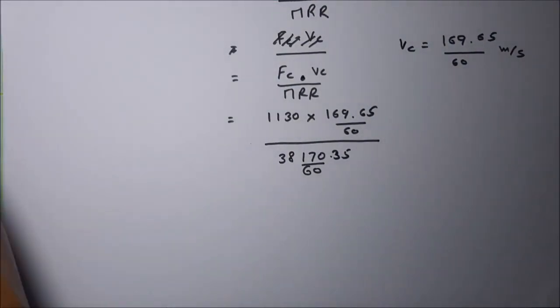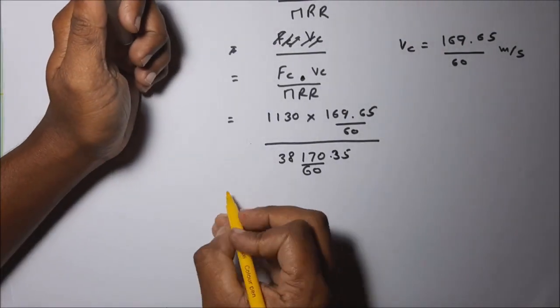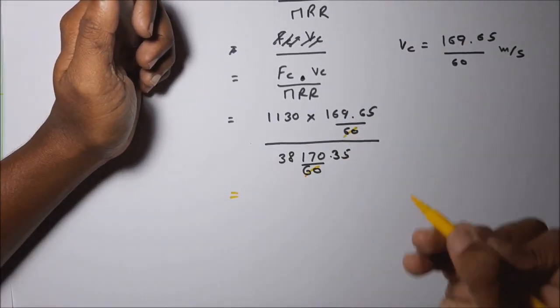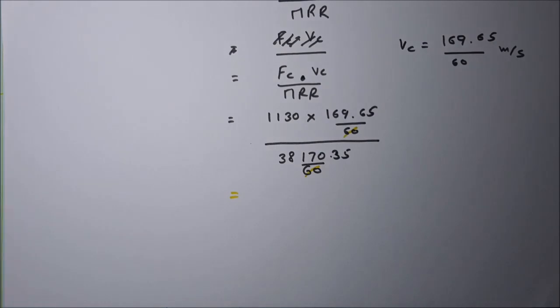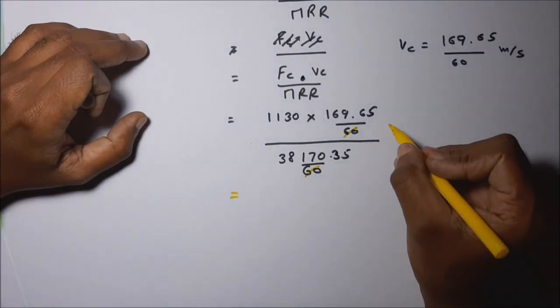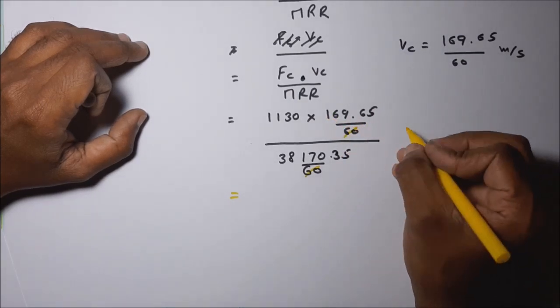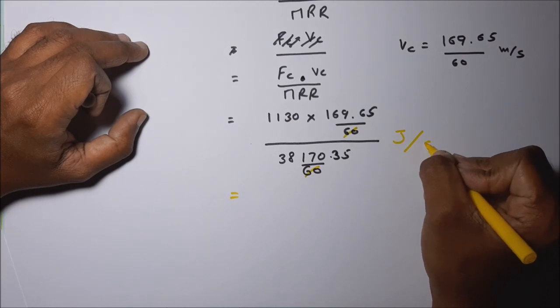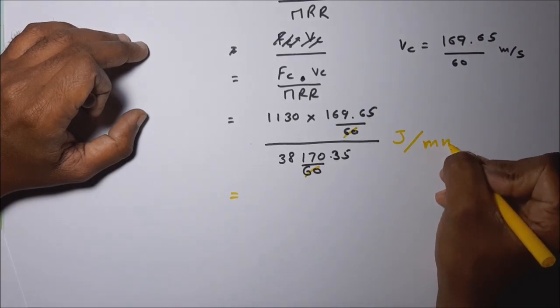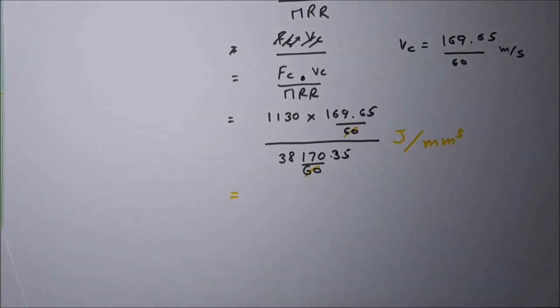So then we can calculate the specific power. We can cancel these values, then we get the specific power. What is the unit? Here we are taking joules per cubic millimeter.